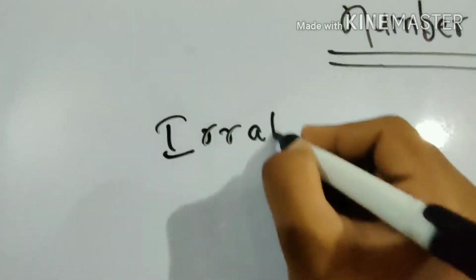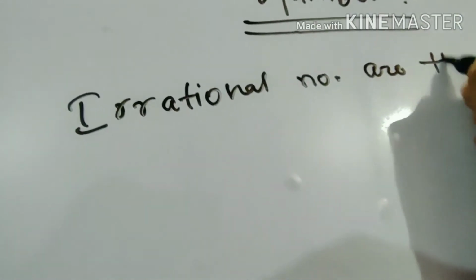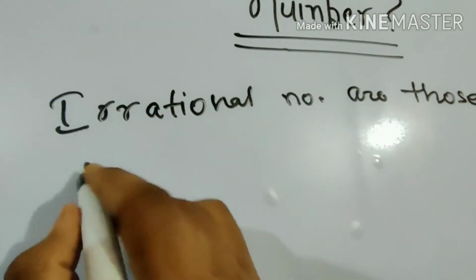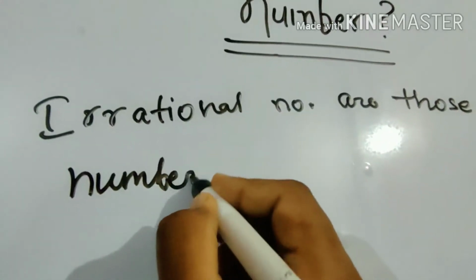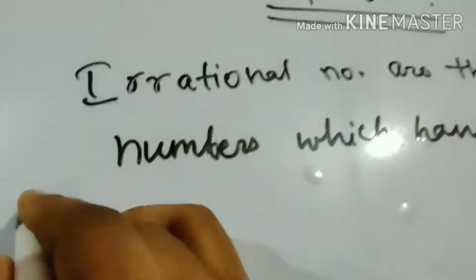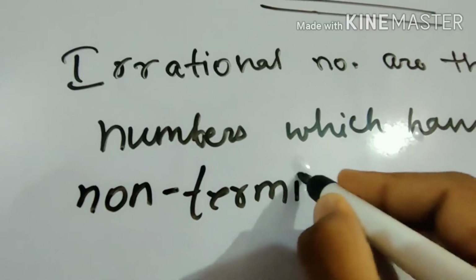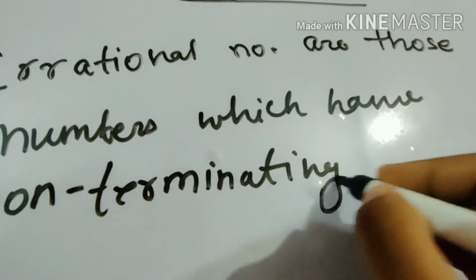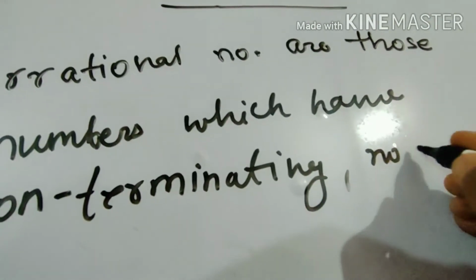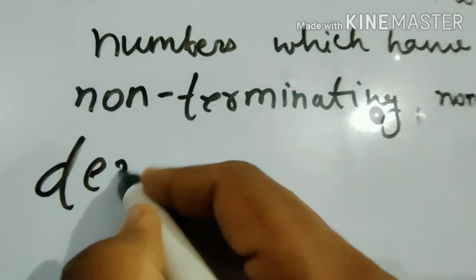So basically, irrational numbers are those numbers which have non-terminating, non-repetitive decimals.